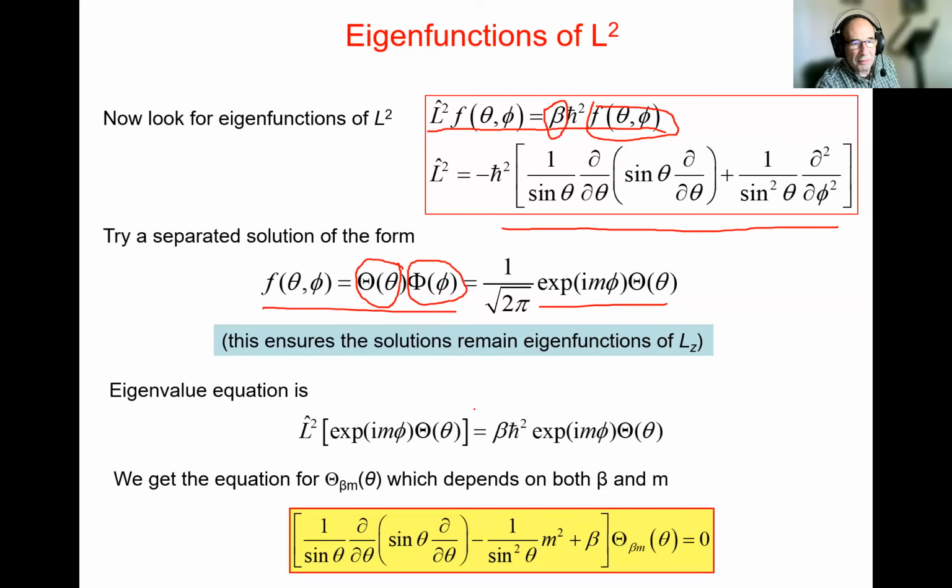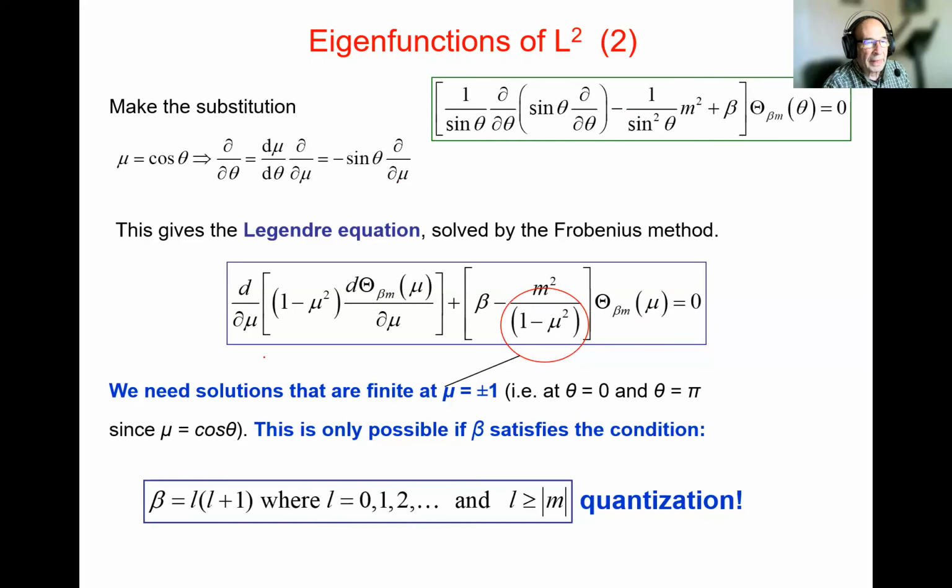And now what we want is to find how this other wave function, which is a function of only theta, can look like. That is becoming quite a complicated differential equation, which has the name of Legendre, a French mathematician who was looking at these equations. And we also involve another gentleman called Frobenius, who actually developed a method of solving them.